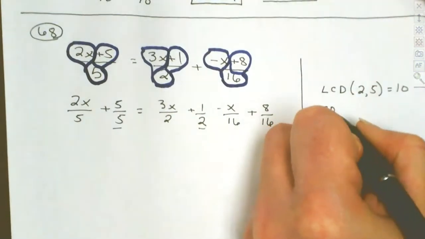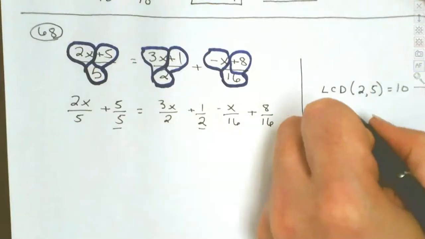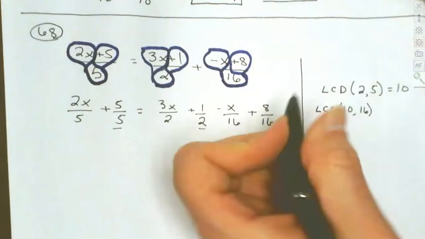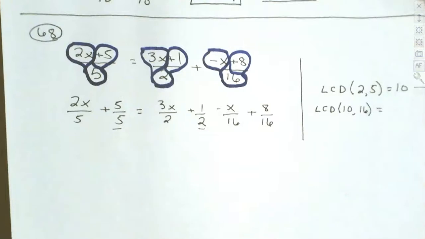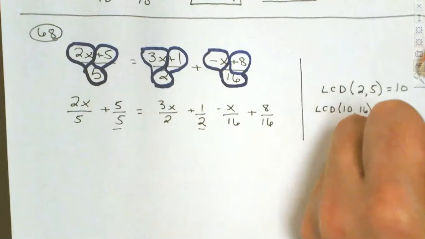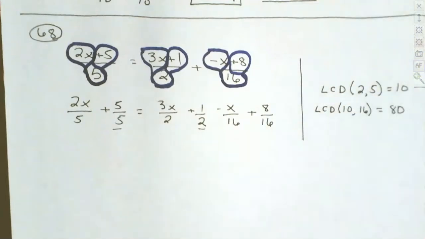What's the least common denominator of 10 and 16? Not 16, not 160, it would be 80, right? You could use 160, but 80 is smaller.